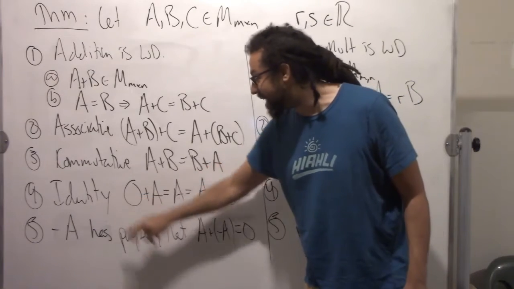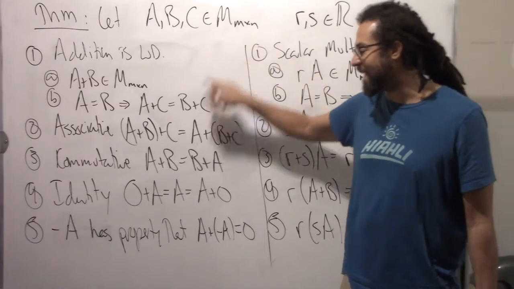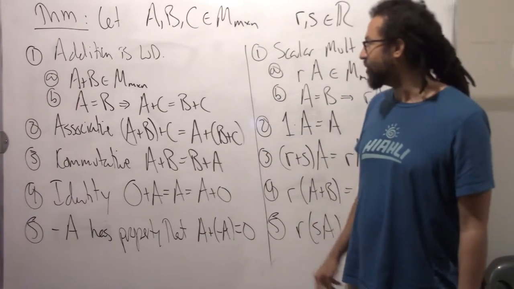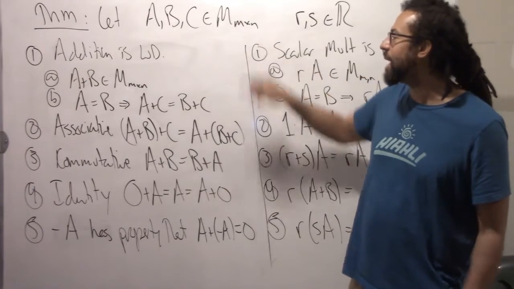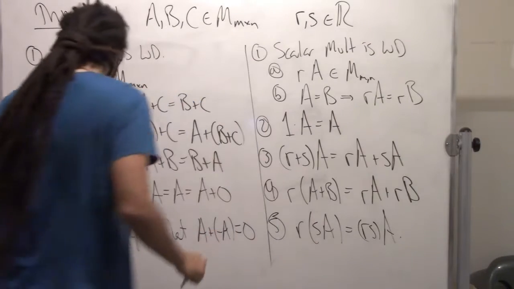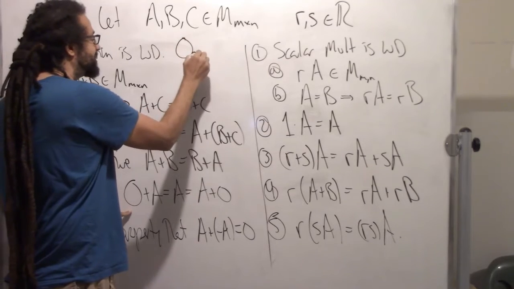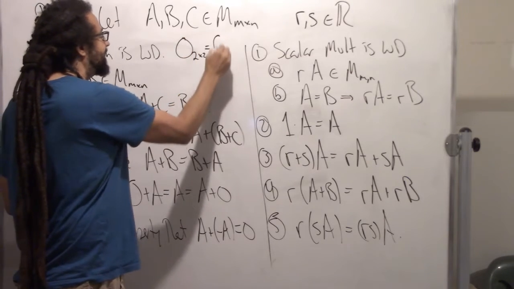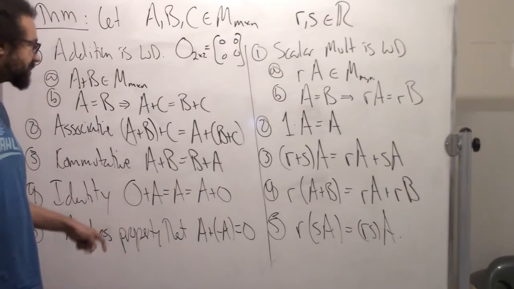And then the identity matrix. So this set of m by n matrices has an additive identity. So for example, what's the additive identity in the set of all 2 by 2 matrices? Well, it's the thing that we call 0. So let's say 0, 2 by 2 is this 2 by 2 matrix with all zeros in it.